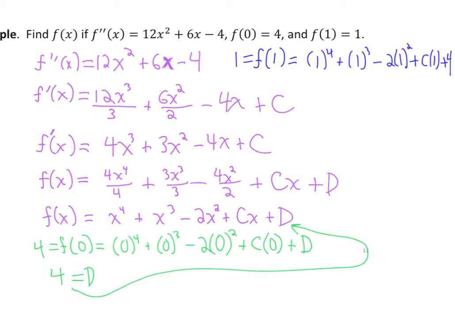And I have then 1 equals, let's see, 1 to the 4th is 1, 1 cubed is 1, 2 times 1 squared, that's 2, and I'm subtracting it. So 1 plus 1 minus 2, that's nothing, plus c plus 4. All right, so we get 1 is equal to c plus 4. When I solve for c, I get that c is equal to negative 3.